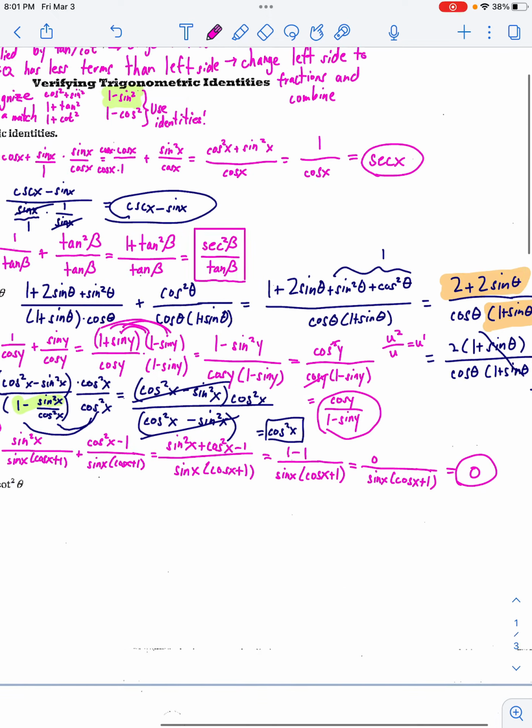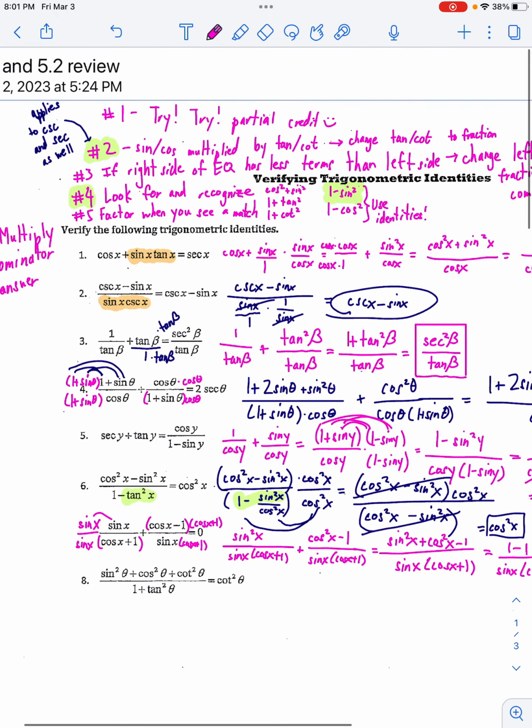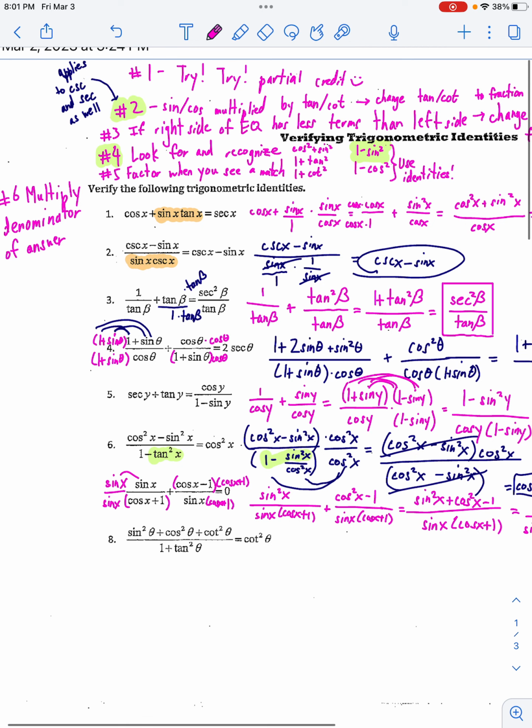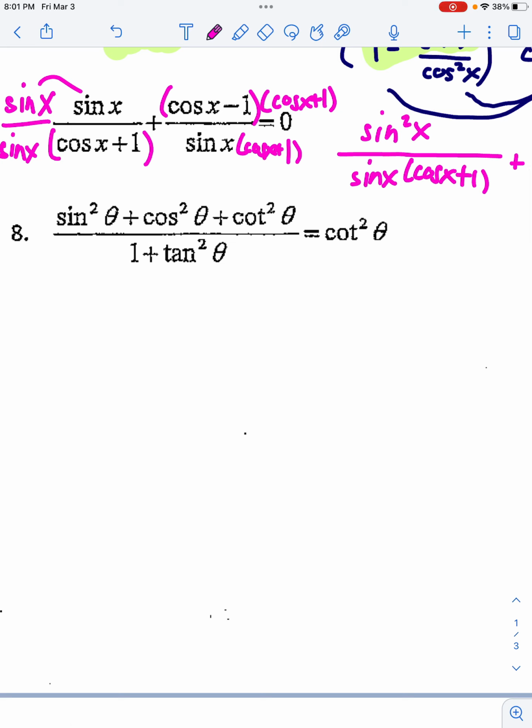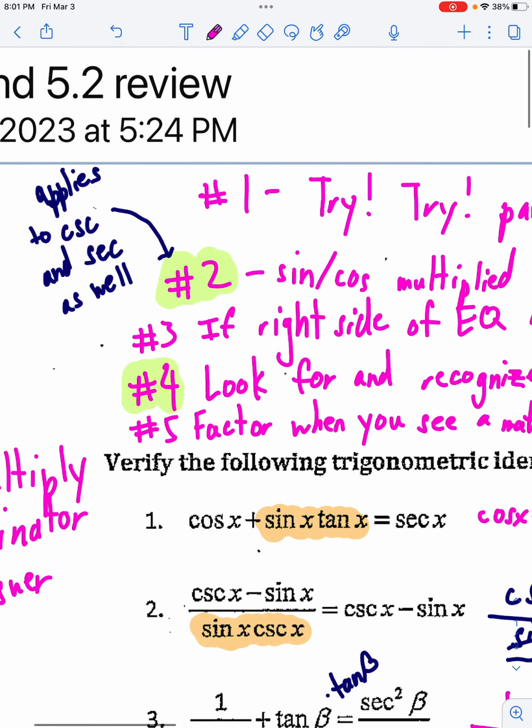Okay. So these are tough, but I am using these same 5 or 6 tricks over and over again. Okay. Number 8 down here. For me, I first recognize that this is 1, and this is secant squared. That's just trick number 4.